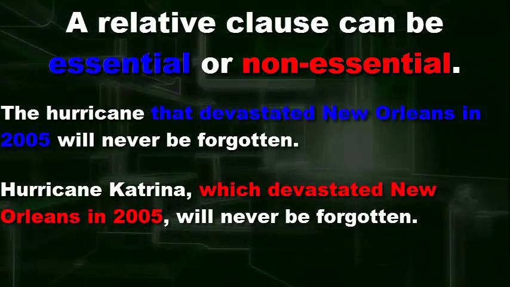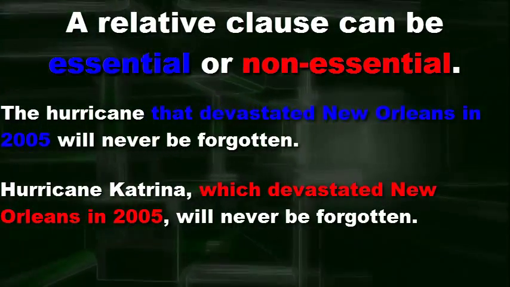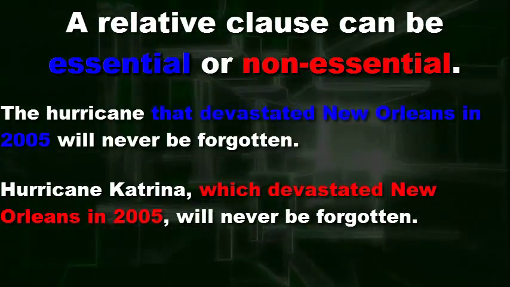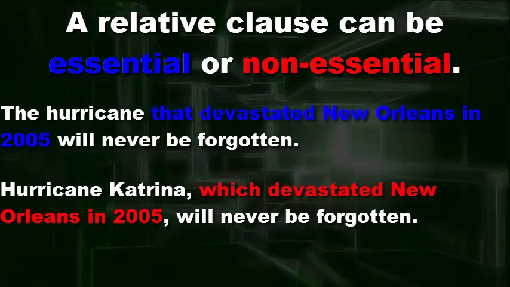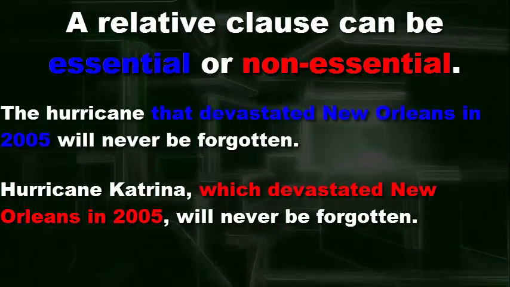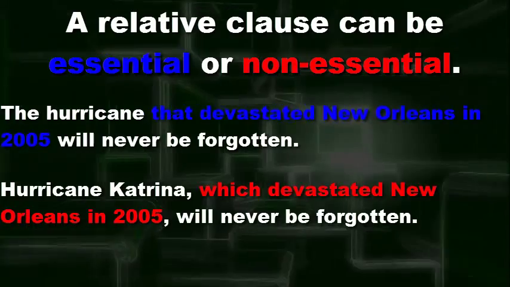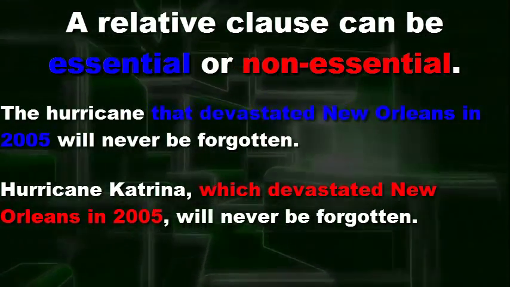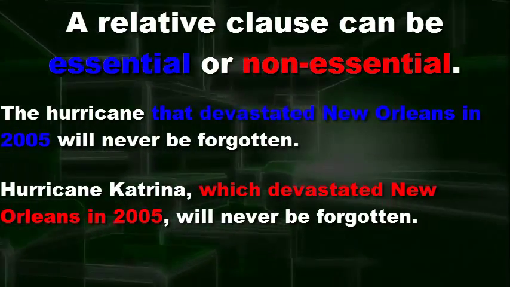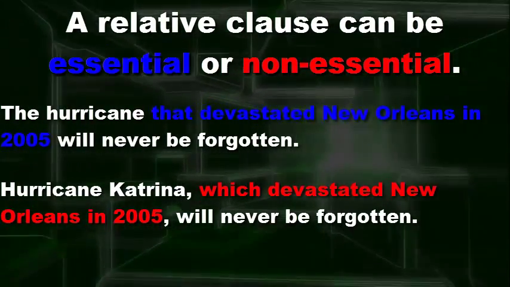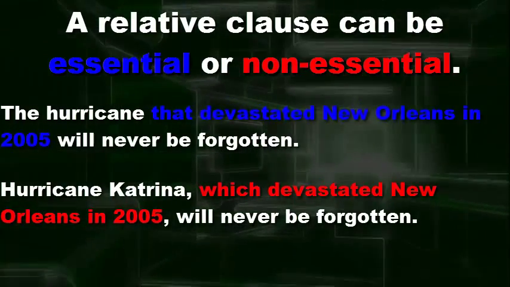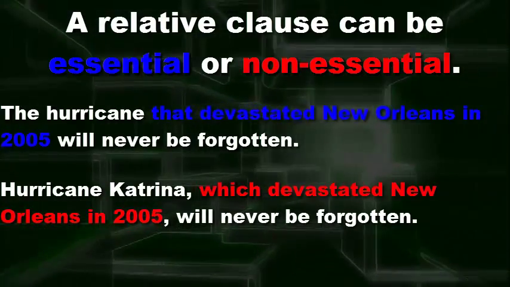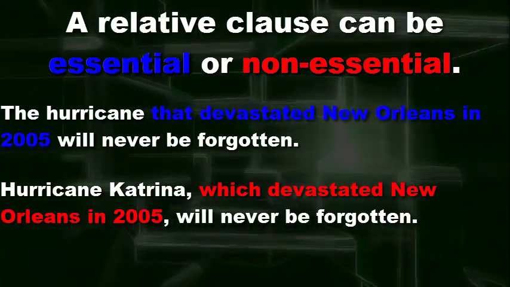The relative clause in this sentence is non-essential because the hurricane that will never be forgotten has already been identified. Notice that the relative pronoun that begins essential relative clauses, while the relative pronoun which begins non-essential relative clauses. For this reason, relative clauses that begin with which will always be set off by commas.